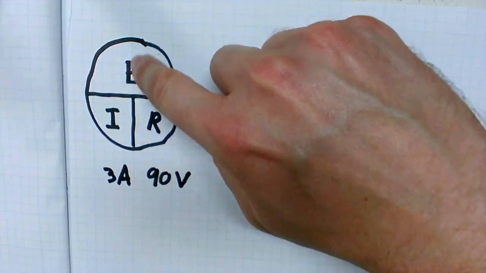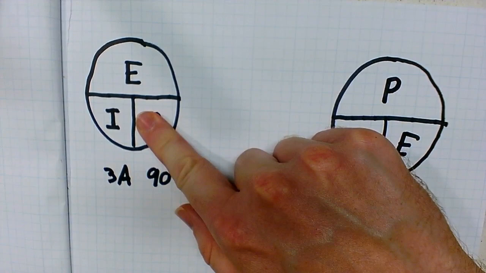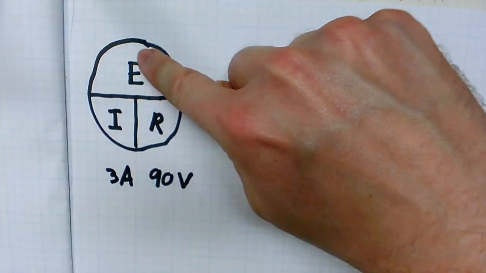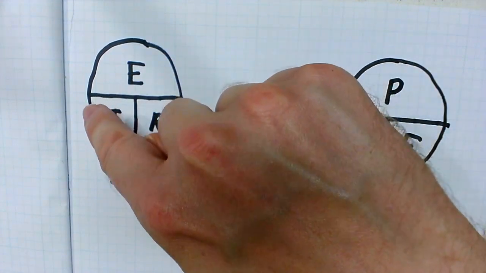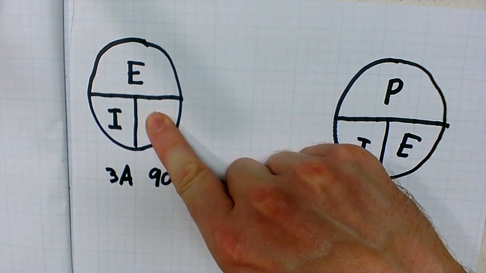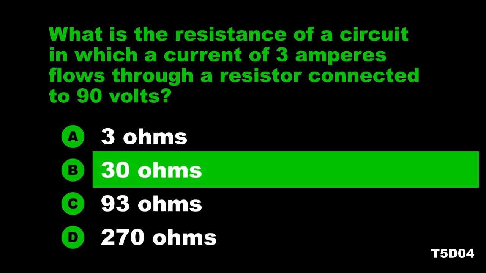You put a 90 here, and that means the only place left is amps. So 90 divided by 3, which is 30, I think. Yeah. And that would be B. Good job.